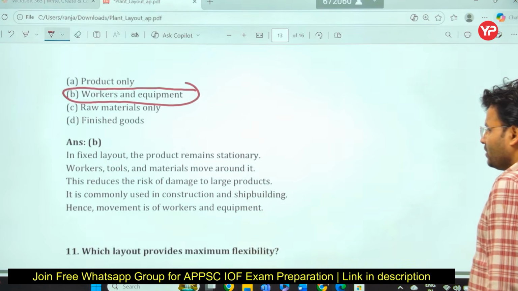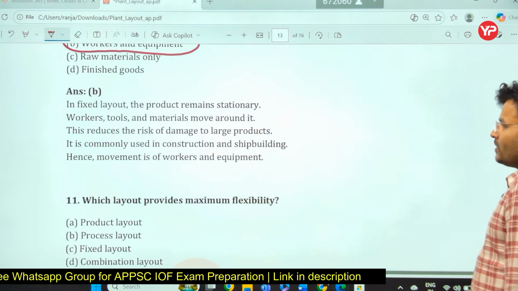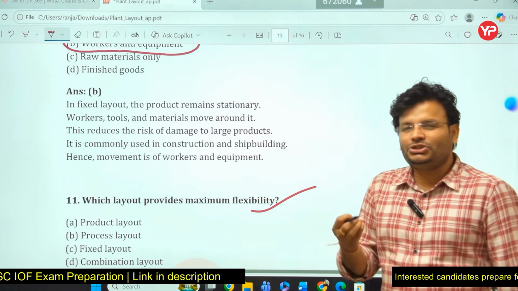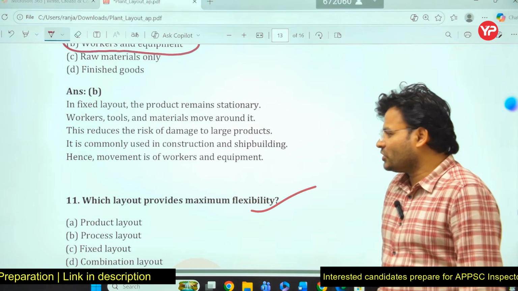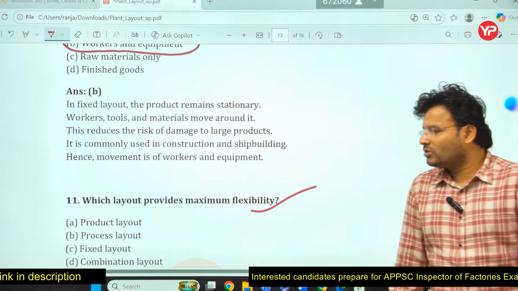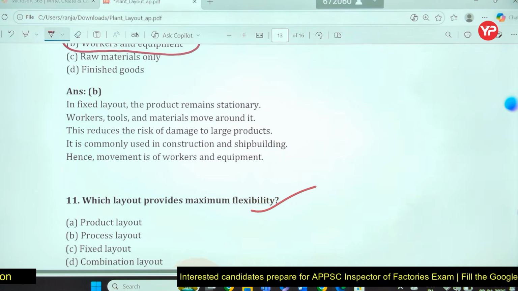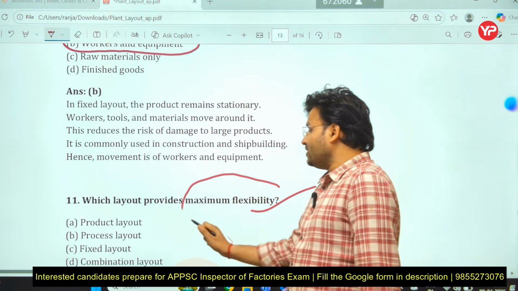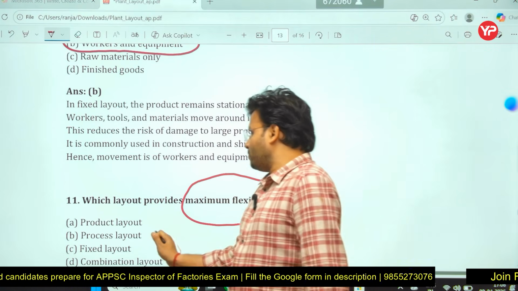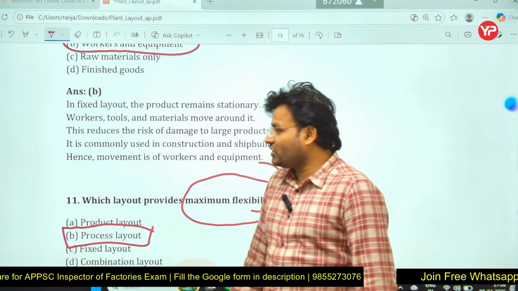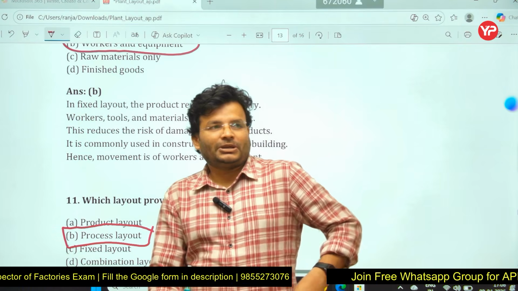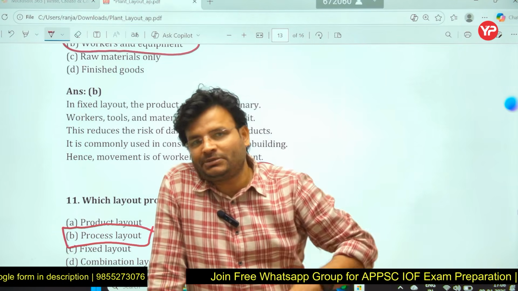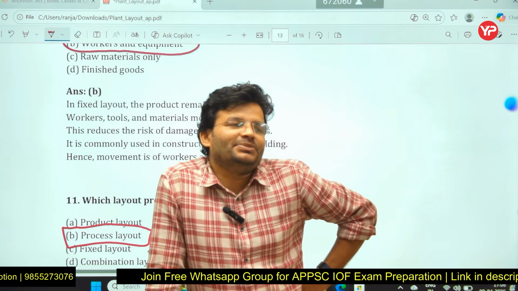Okay, question number 11 on your screen: which layout provides maximum flexibility? Product layout, process layout, fixed layout, or combination layout? What will be the answer? Maximum flexibility is given in the case of process layout. As I just told you, suppose you have to visit 3 different departments in your college, mechanical, civil, electrical.